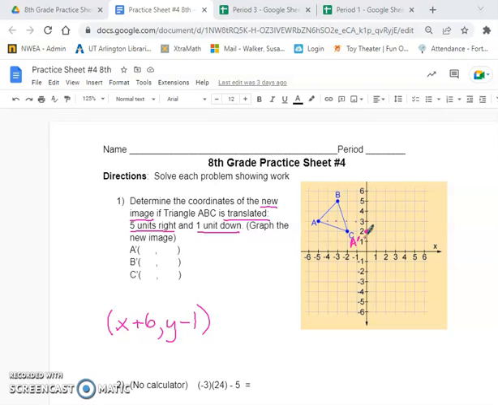Now, what is that point? That point, since I don't go to the right, that's 0, and then up 2. Now, you're going to move each point 5 right and 1 down. Put the dot, and then put the new notation, and put the point here.